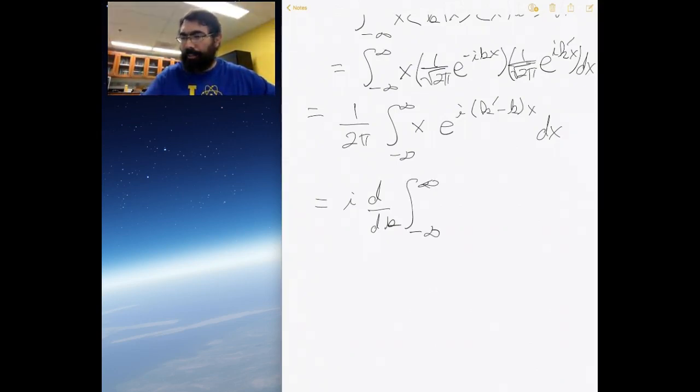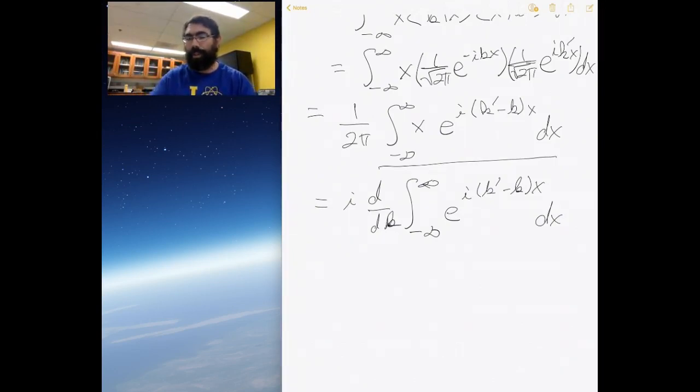Another way of saying it is I can achieve the integral above if, instead of having an x in the integral, I just have e to the i (k prime minus k) x dx. So if you were to take the derivative with respect to k of this integral right here, then you would get the same integral which is written above.